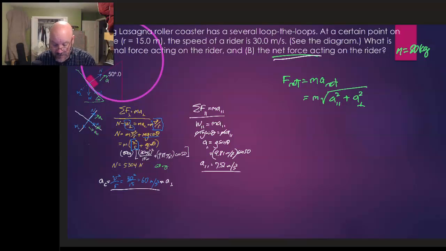We're just using Pythagoras's theorem with these perpendicular components of acceleration. So if we put in our numbers, we've got 80 on to the parallel bit, which was 7.51, and then the perpendicular bit, which was enormous.